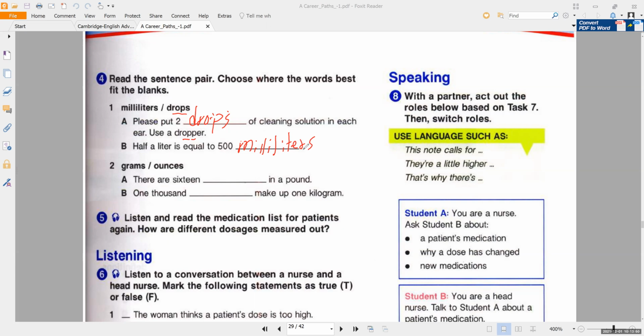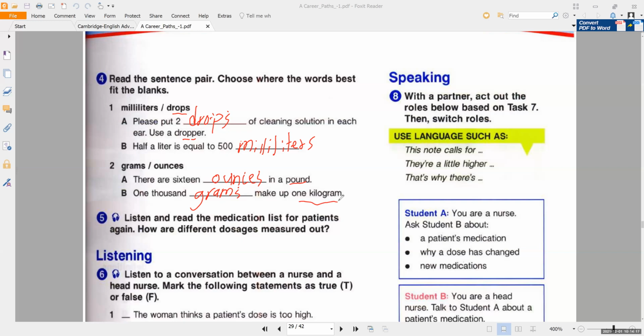Number 2, grams and ounces. There are 16 ounces in a pound. 1,000 grams make up 1 kilogram.